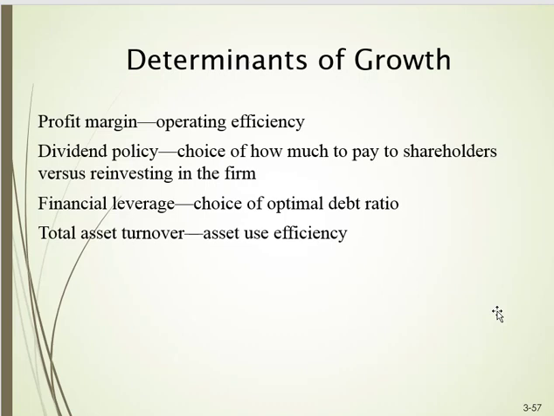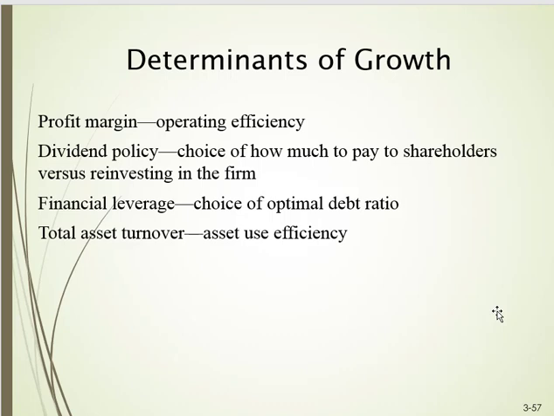So what are the determinants of growth? What's going to make this company grow? The profit margin is going to help us with operating efficiencies. If we're operating efficiently, profit margin should rise. Our dividend policy: we'll have a whole set of videos where we talk about the dividends of a company and how managers decide to pay or not pay dividends to investors.